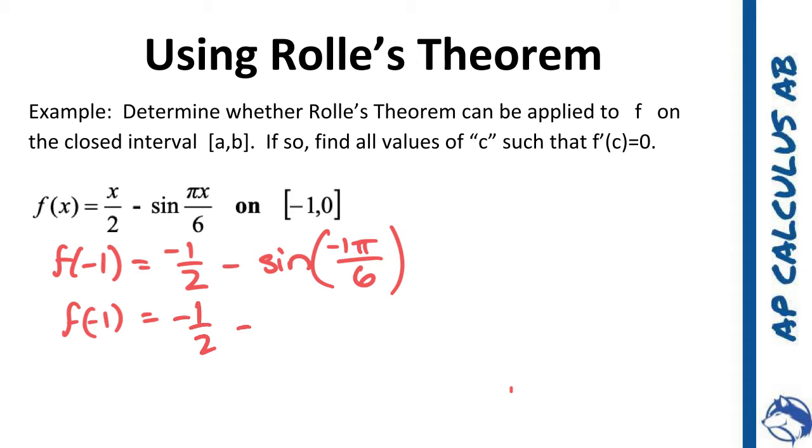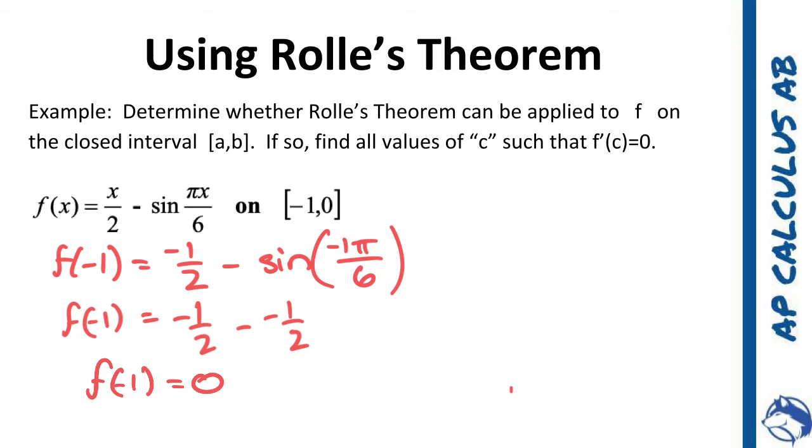And then in this realm, the sine is going to be negative, because if you're looking at a unit circle, anytime you have the sine in the third or fourth quadrant, it's going to be negative. So it's minus a negative 1/2. So right now we've got a negative 1/2 and it's plus 1/2, so f of negative 1 is equal to 0.